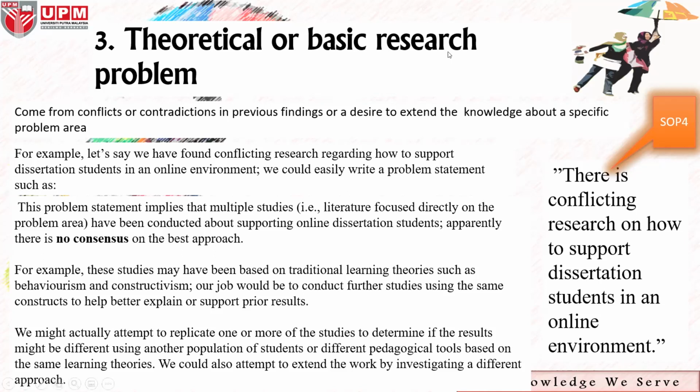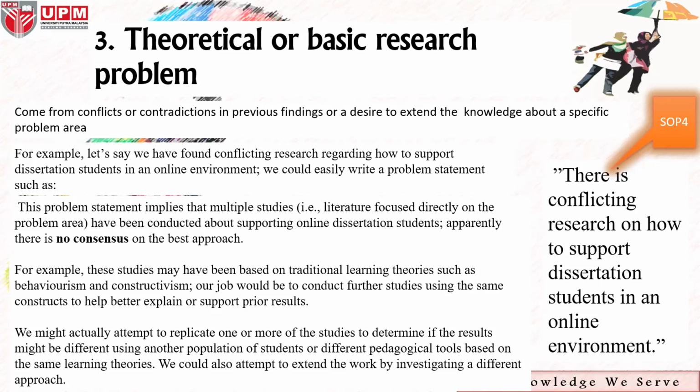Okay, so for example, when you read your literature or your references related to the influence of work engagement on performance, some researchers figure out that there are positive relationships. Some figure out that there is a negative one, for example.